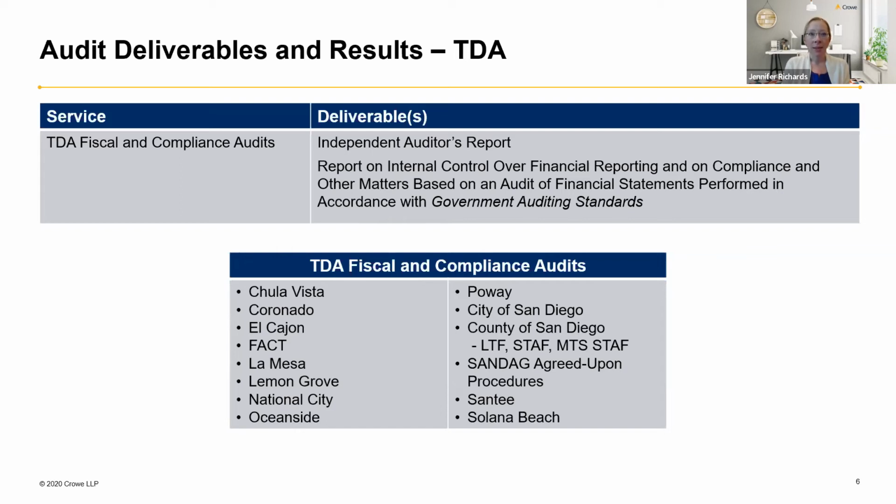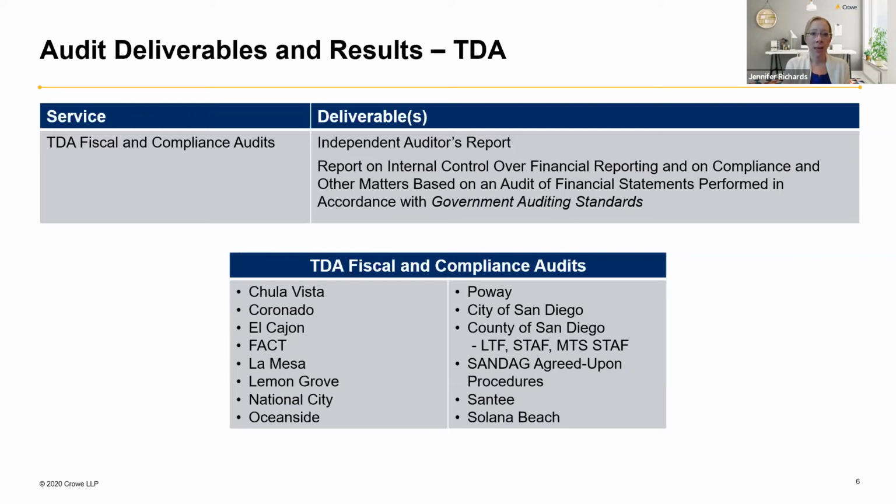In addition, the County of San Diego has fiduciary responsibility of receiving TDA from the state and dispersing it to claimants as instructions are received from SANDAG. So we also conduct an audit of the county's local transportation fund, which is the bank for the TDA funds, in addition to the audits of the TDA recipients. So for fiscal year ended June 30, 2021, there were 11 cities that were TDA recipients that had expenditures during the year that we audited.